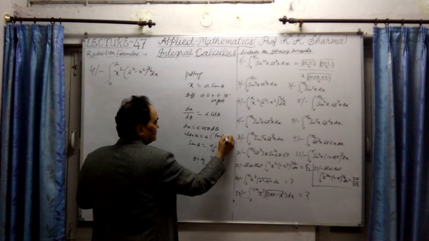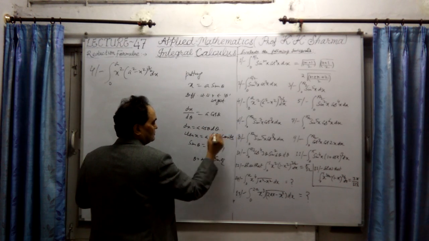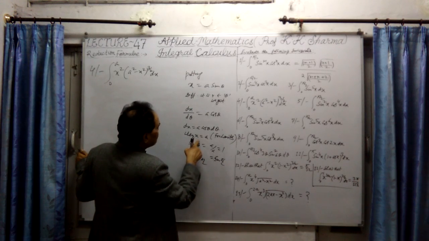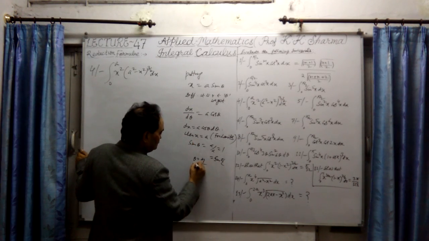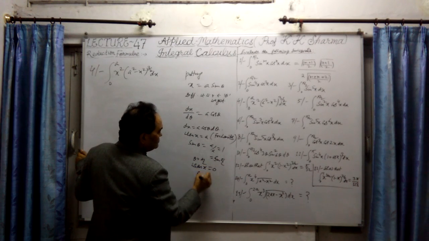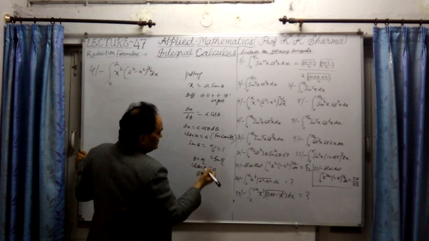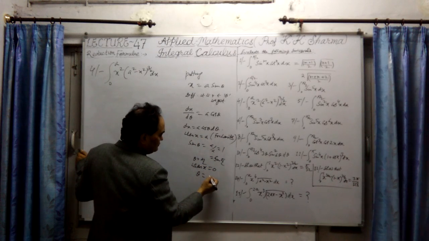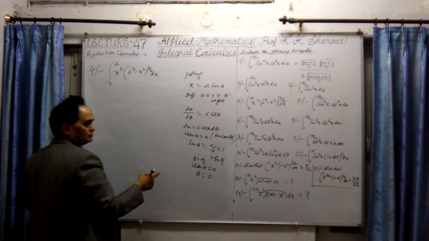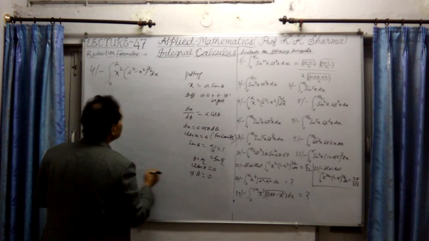For limits, theta is pi by 2. And when x is 0, then sin theta is 0, and 0 is sin 0, so theta is 0. When x equal to 0, theta is equal to 0.